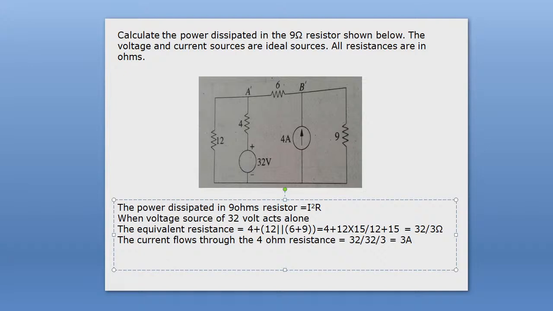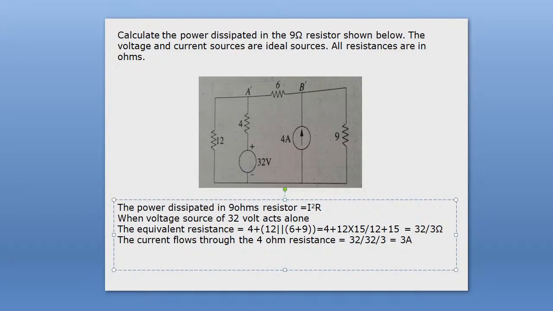Everyone see. First we have considered only one source, that is the 32 volt voltage source, and we open the 4 ampere current source because its internal resistance is infinite. We have considered ideal sources, and after that we can see that 4 ohm resistance is connected in series with the parallel combination of two resistances, 12 ohm and 15 ohm.